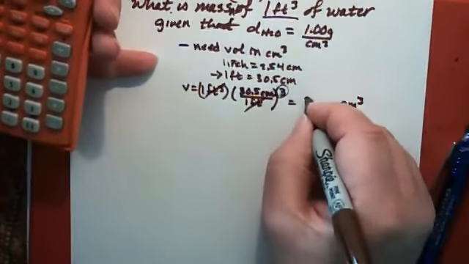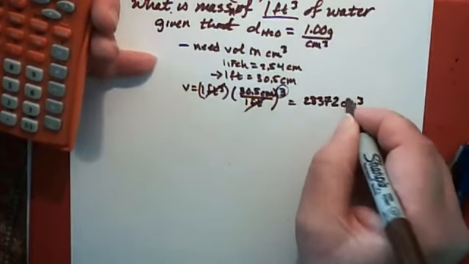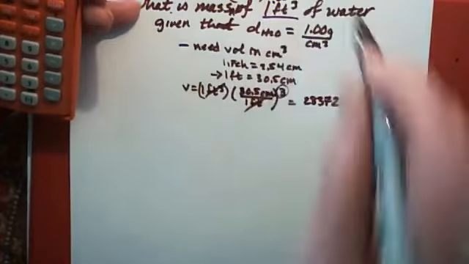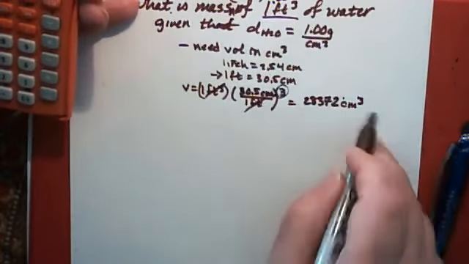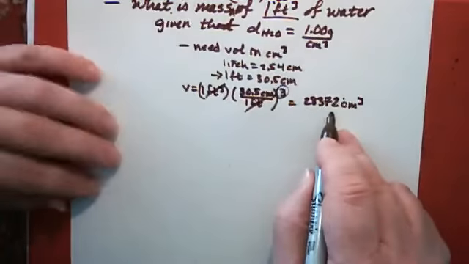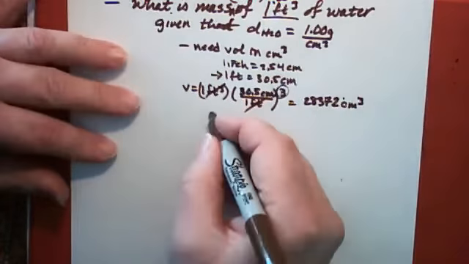So we end up with 28,372. That's beyond the significant figures we can use, so I'm not going to write the rest of the number. 28,372 cubic centimeters for 1 cubic foot.